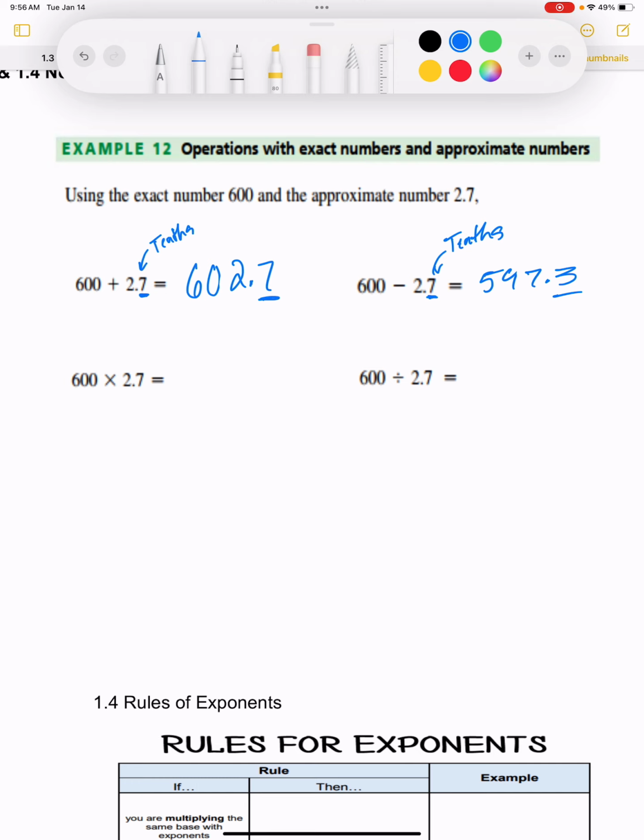This one was exact. It was perfectly accurate, whereas this one is an approximation, so I need to determine what's least accurate off the approximation and go from there. Now, that's when you're dealing with adding or subtracting. Adding, subtracting, you're thinking about precision, and you're leaving your answer with the least amount of precision you have in your problem.